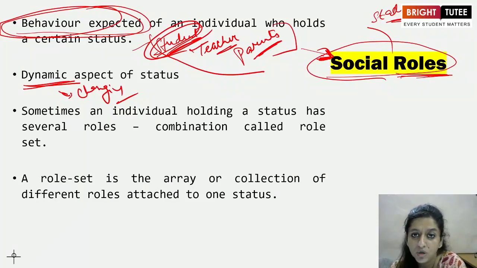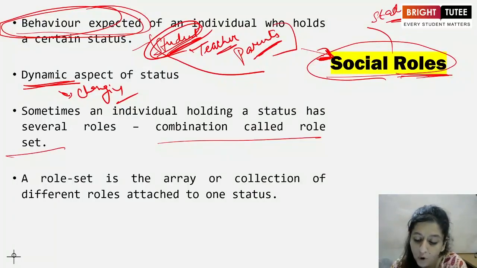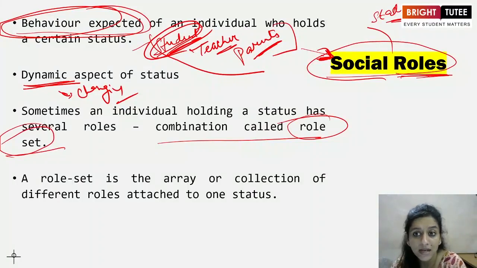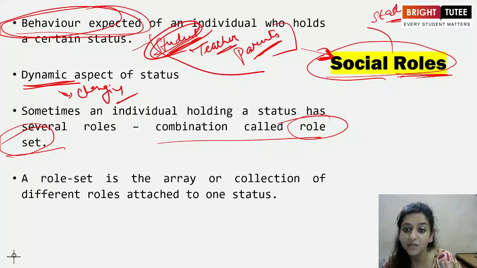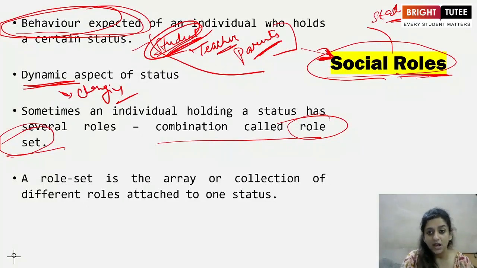Sometimes an individual holding a status has several roles, and the combination of all of it is known as the role set. Like I was talking about, when you reach home, it is not that you leave the entity of being a student altogether. You get your home assignments, you do have to finish them, or you go back and revise what was done in class.